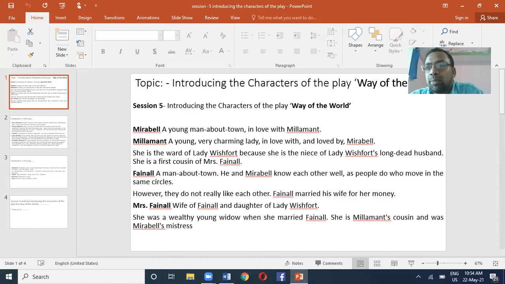That is quite common. Therefore, I think it is an essential part of the reader of the play to know the characters and the relationships as well.